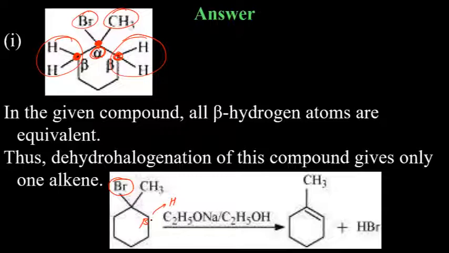Dehydrohalogenation is always beta elimination, and beta elimination follows Saytzeff rule. Saytzeff rule says that the product in which the doubly bonded carbon atoms have the greater number of alkyl groups will be preferred. And dehydrohalogenation can be done by alcoholic KOH or sodium ethoxide and ethyl alcohol, for example, in this case.